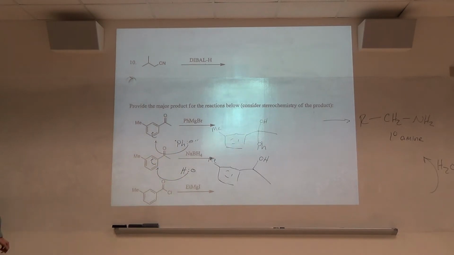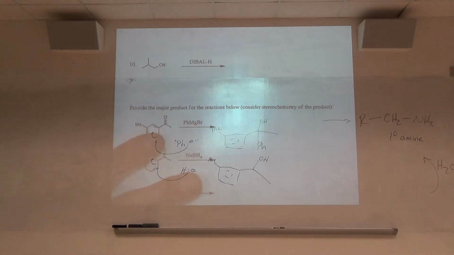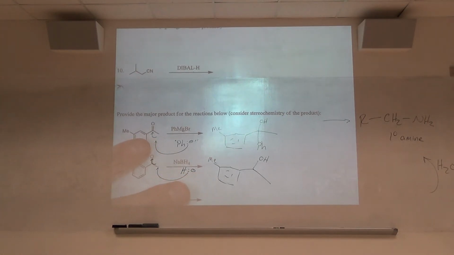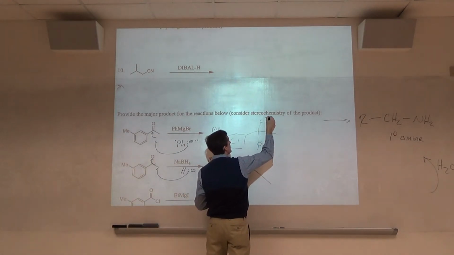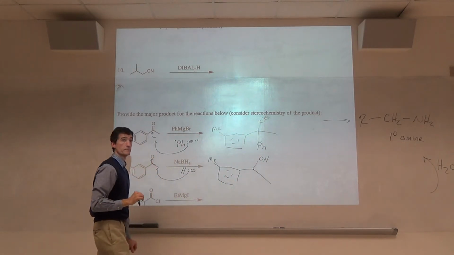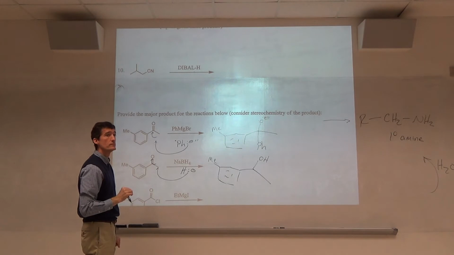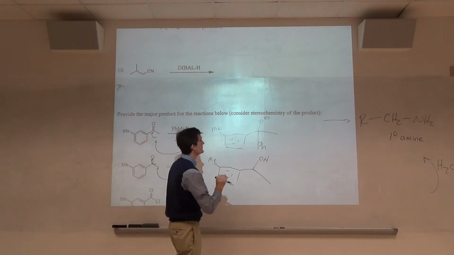Question? With the first one, if you did not supply a hydrogen source, would it continue to react and move the oxygen? No, after you add the Grignard, you get that. Well, hold on.